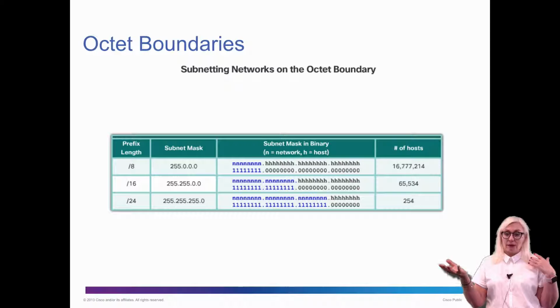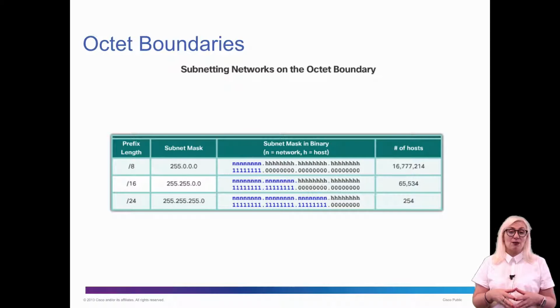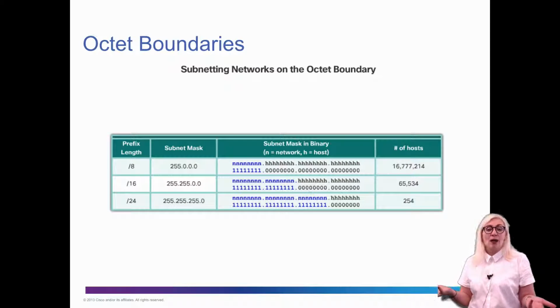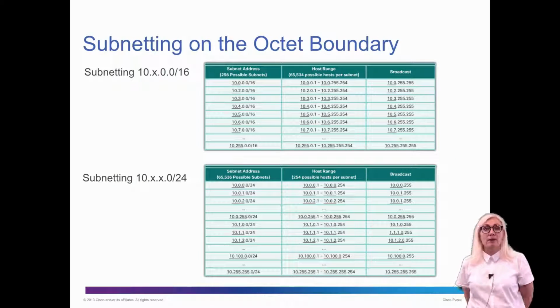I don't have to think about how it's done when I have 8, 16 and 24 as my subnet mask, because then I will just know how the networks are divided. For instance, if I have 10.something.0.0/16 and I borrow 8 bits so that my new mask is /24, then I will create 256 new networks: 10.something.0.0/24, 10.something.1.0/24, and so on.